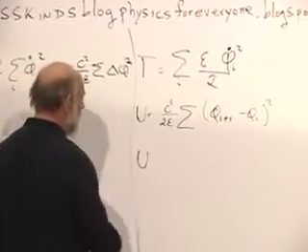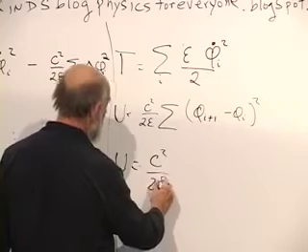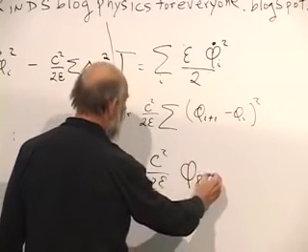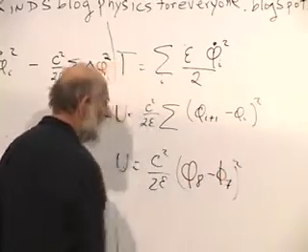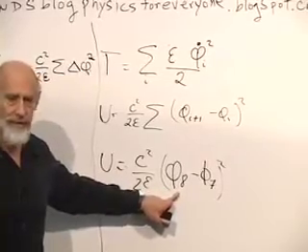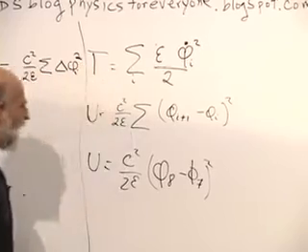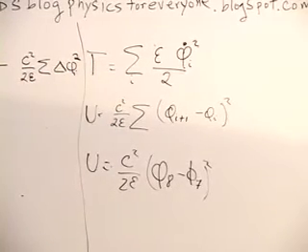So that particular term is c squared over twice epsilon, phi 8 minus phi 7 squared, which incidentally is the same as phi 7 minus phi 8 squared. It doesn't matter which order we write it. Phi 7 minus phi 8 squared is the same as phi 8 minus phi 7 squared.